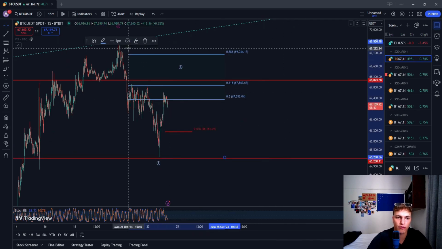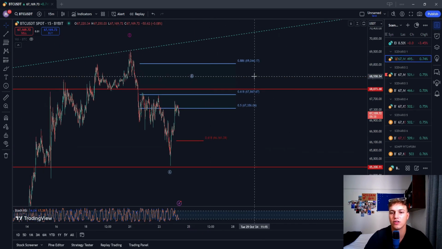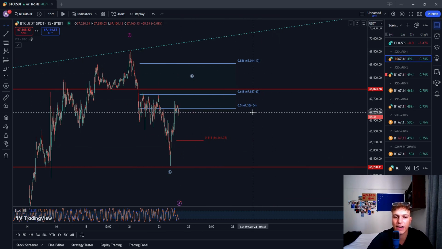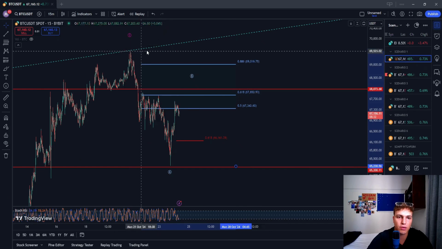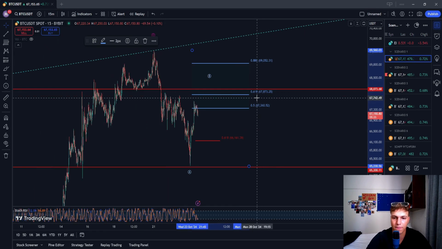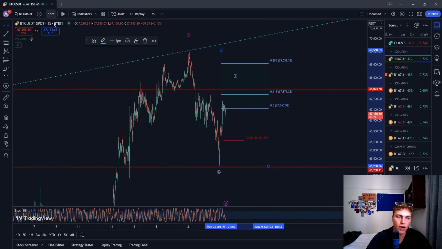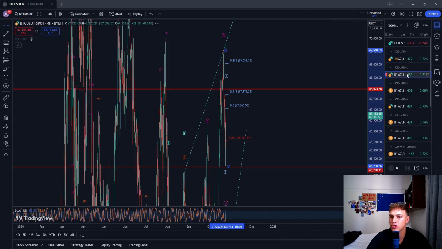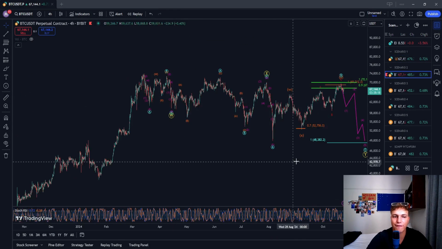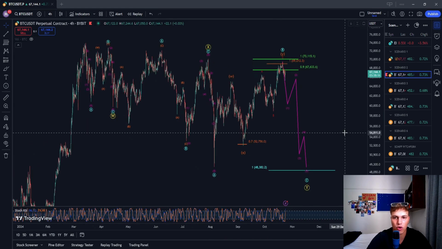This is the target for the B wave, sitting at 69,044 to 67,356. I do expect price to at least hit the 618 at 67,873.